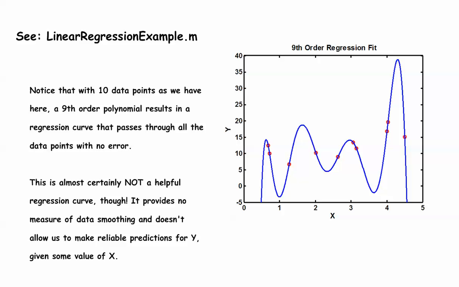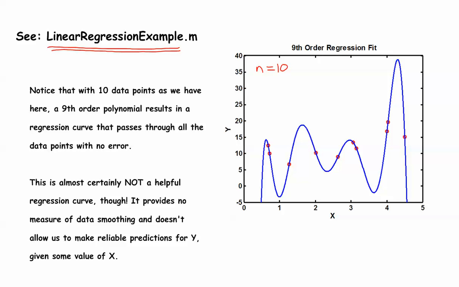So back to my linear regression example or MATLAB program. Once again, please download that. Take a look at all the steps. This is the same data set that we've been talking about all along. I have 10 data points.